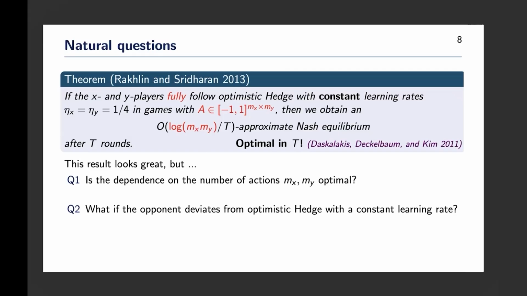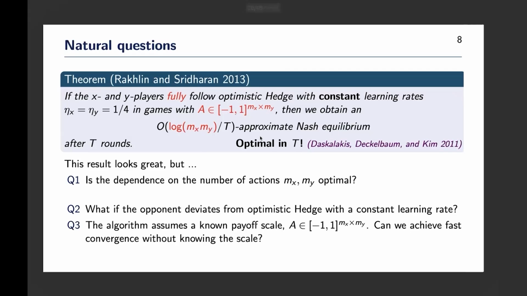In this theorem, we assume that both players use optimistic hedge with a constant learning rate. But what happens if, for example, the Y player deviates from this algorithm? And the third question is, this theorem assumes that the payoff is between -1 and 1. But can we get the fast convergence rate without knowing the scale?